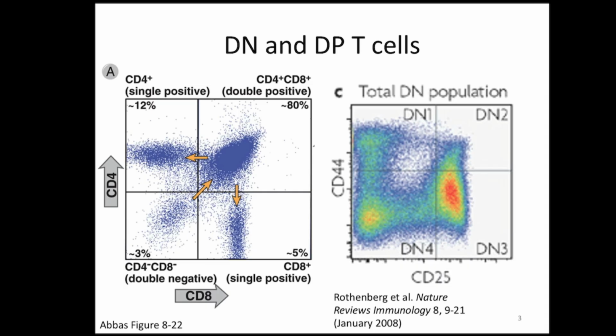And so I would draw a little tiny circle there. If you look at the double positive population, you can see that it is the largest in the thymus. And so again, if you were drawing this flow plot for me, I would expect that to be the biggest population. I would expect a big circle.